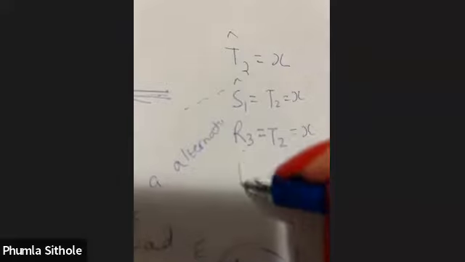Then we said M1 is equal to R3 is equal to x, and it's in the same segment again. So we have 3. This is 1, 2, and 3. We are looking for 5. Do you have another one? Ria, do you have another one?